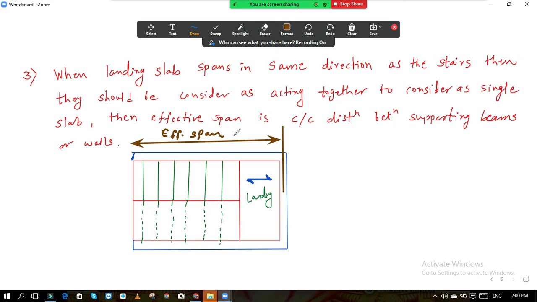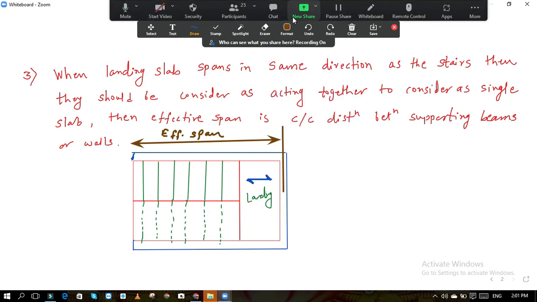Is it over? Shall we move further? So these are the things you should consider while designing the staircase. If your write-up is over, then we will start with the numerical of this dog-legged staircase. Let me know if it is over, or shall we wait? Is it clear to all of you?